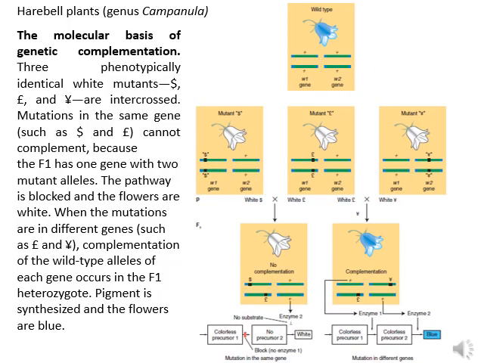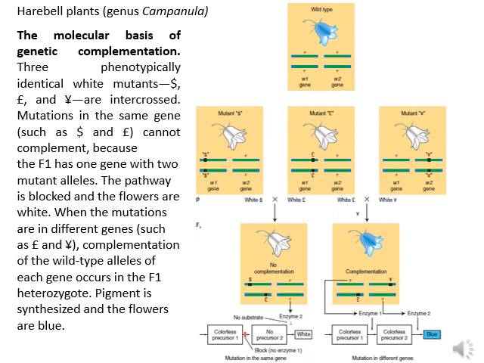Now let us move on to the second example, that is harebell plants, botanically called the genus Campanula. Now let us study the molecular basis of genetic component. In this plant, the flower in a wild type plant is blue in color.